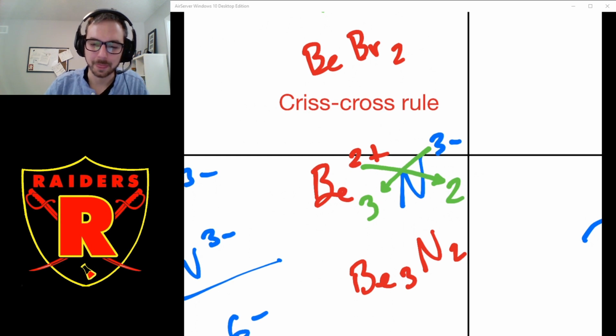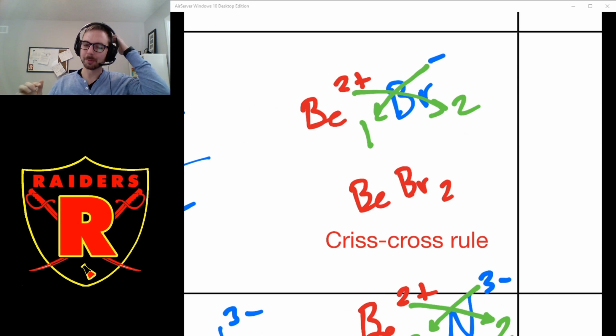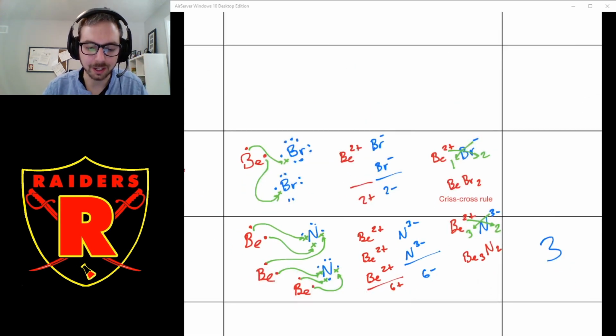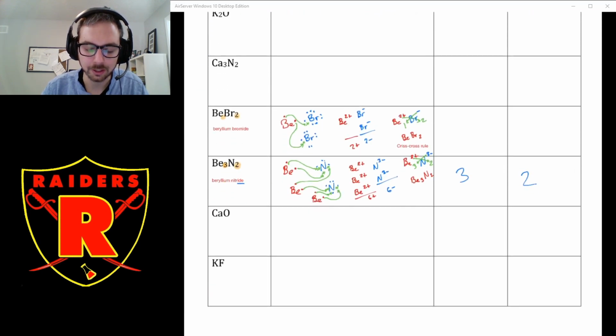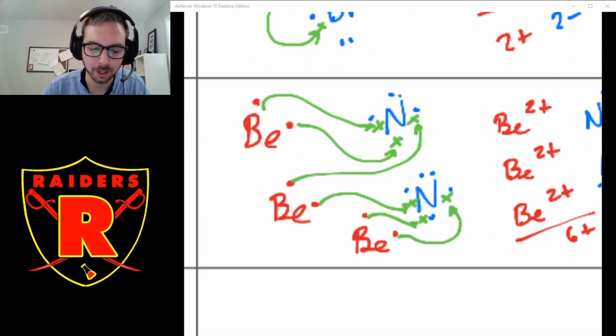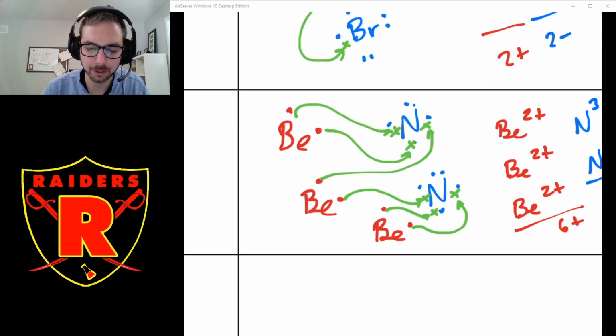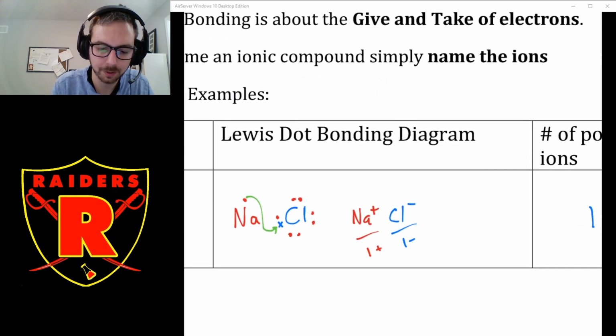So we can use that crisscross rule to figure it out. I'm going to show you some examples of us doing that together. I'm assuming everybody is okay with this. I think we took this up before the break. So I'm not going to go into too much more detail here on how to show metals bonding with nonmetals. We called that a Lewis dot bonding diagram.